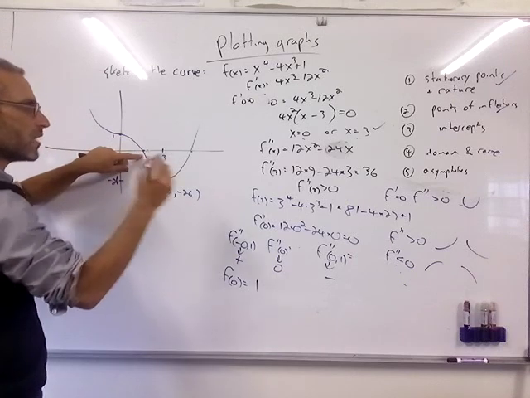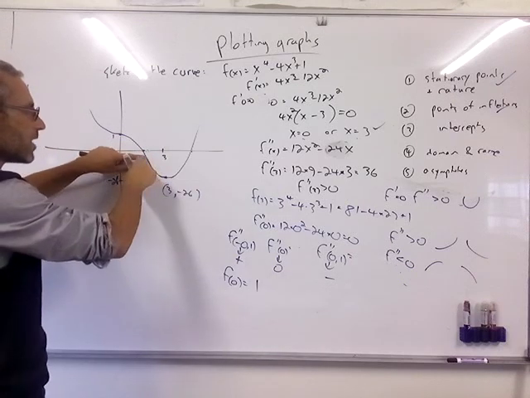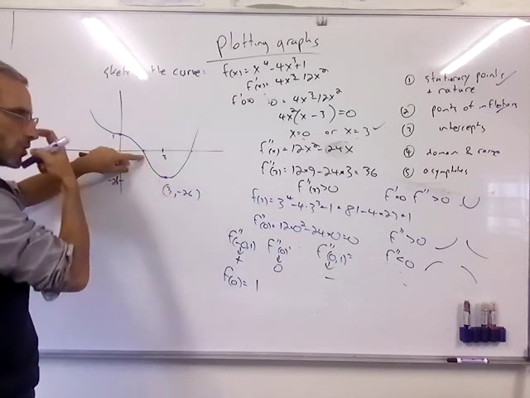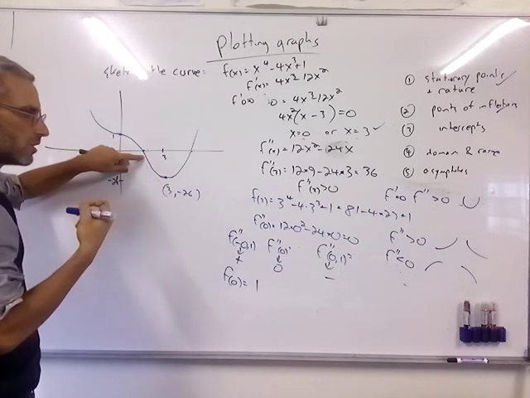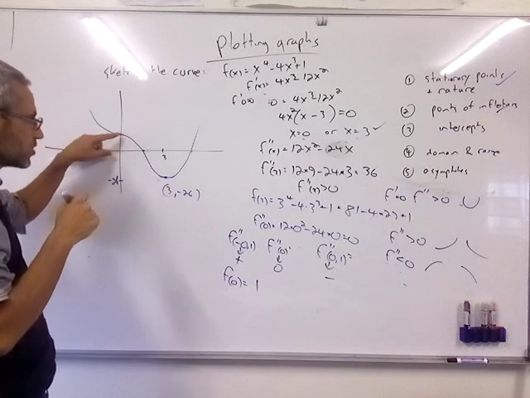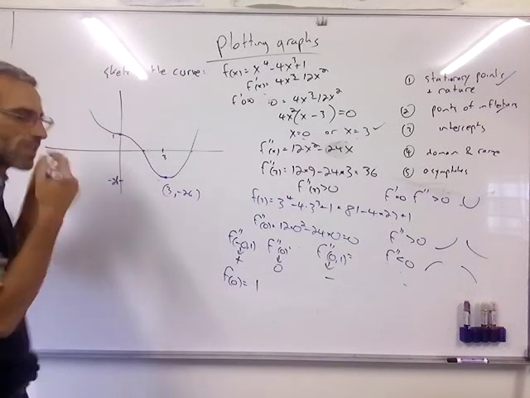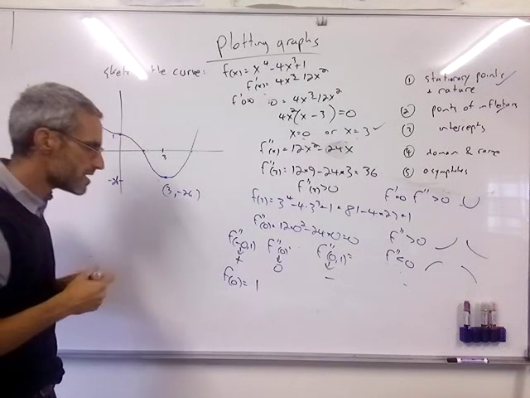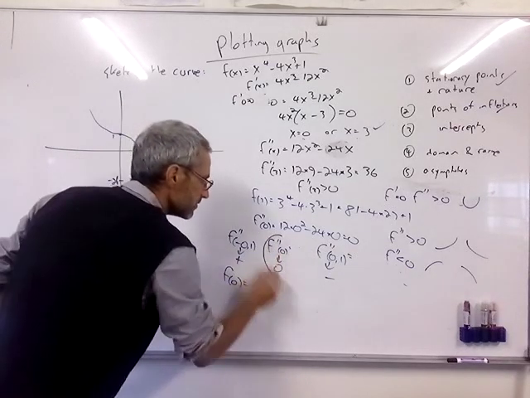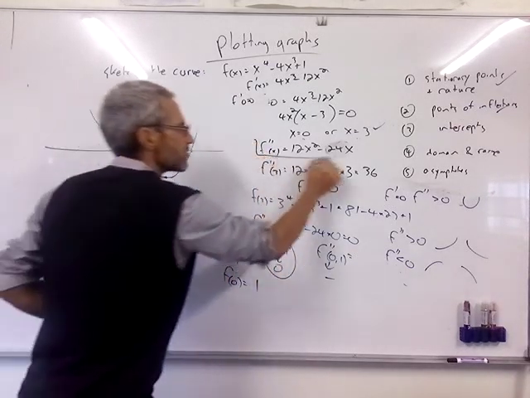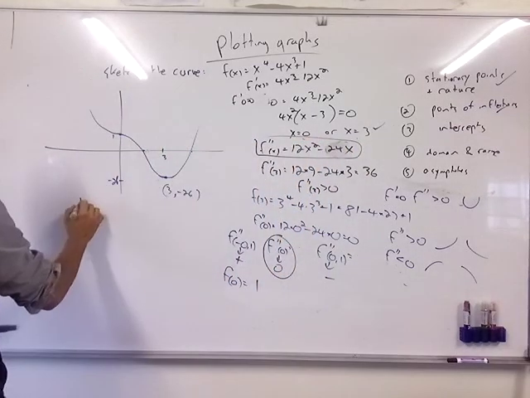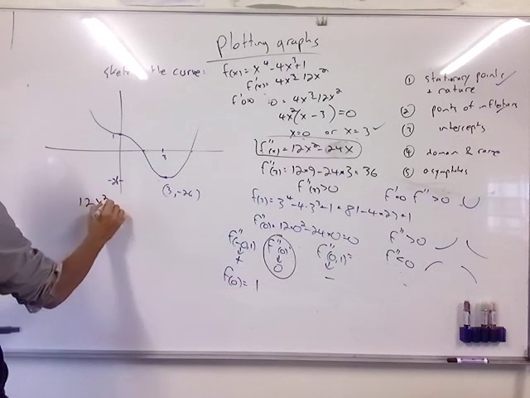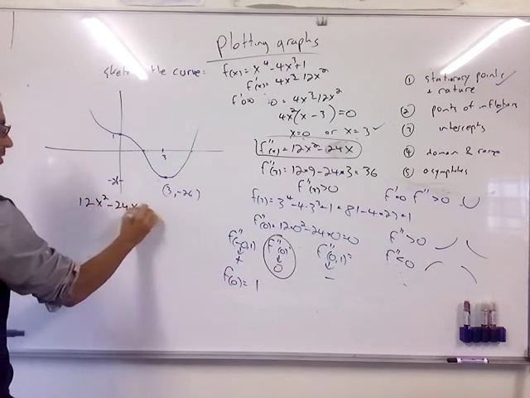Let's try and find out where the concavity changes. Now what happens in the transition between concave up and concave down? Something is equal to 0. What is it? It's the second derivative. So I'm going to look at the equation for the second derivative and equate it to 0. Okay, so 12x squared minus 24x equals 0.